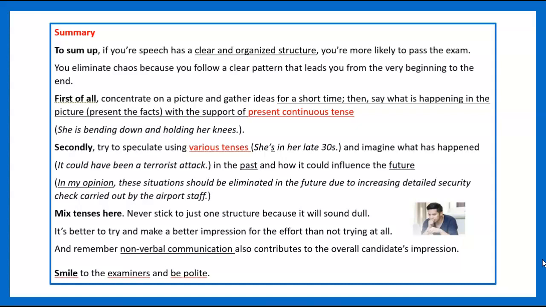So you're going from the present, the past, and into the future. Mix the tenses. Never stick to just one structure because it will sound dull. It's better to try and make a better impression for the effort than not trying at all. And remember, non-verbal communication also contributes to the candidate's overall very good impression. So smile to the examiners and always be polite.